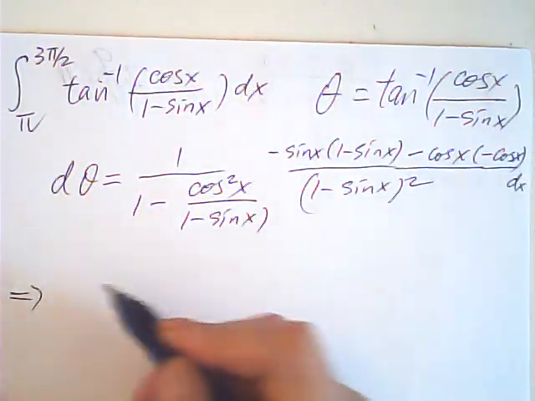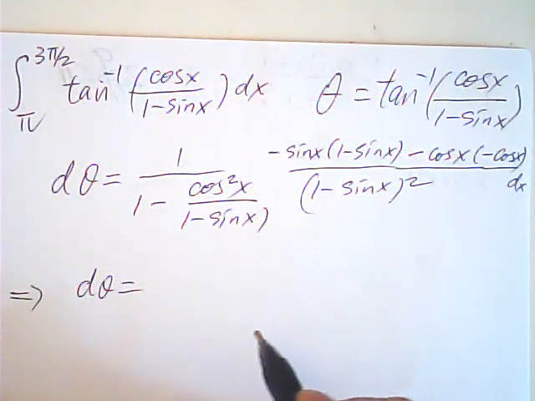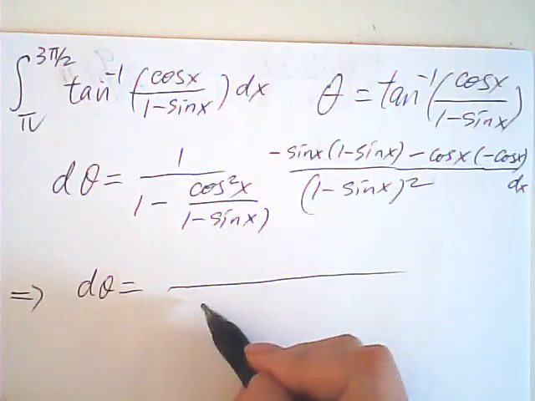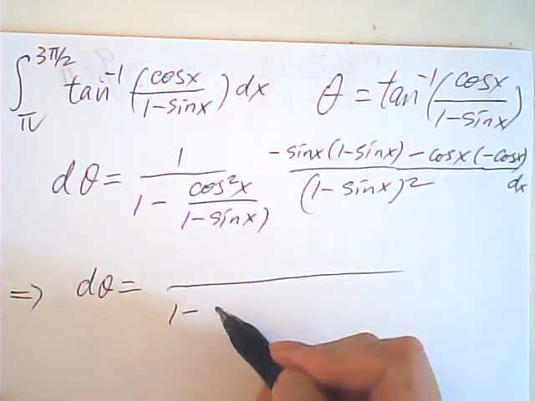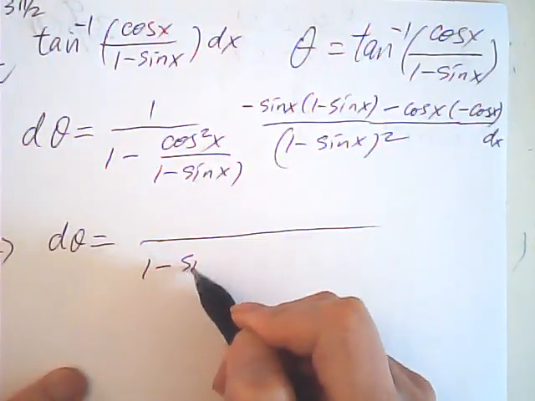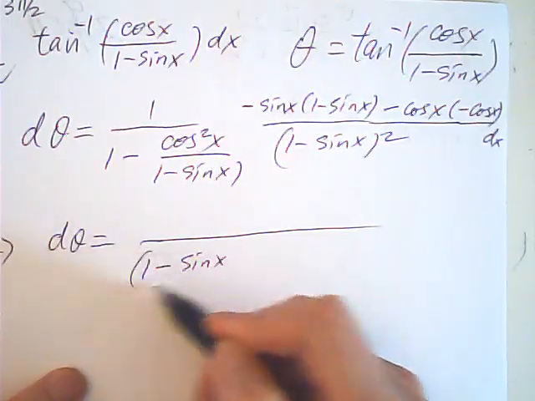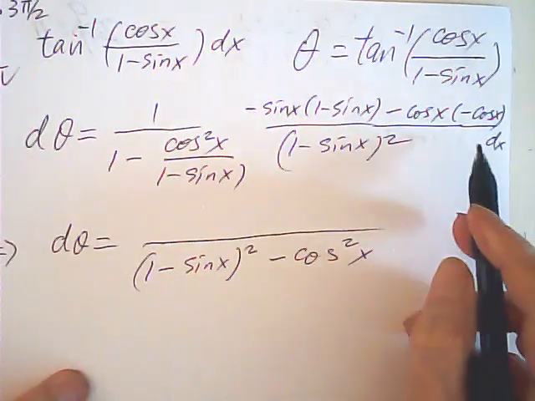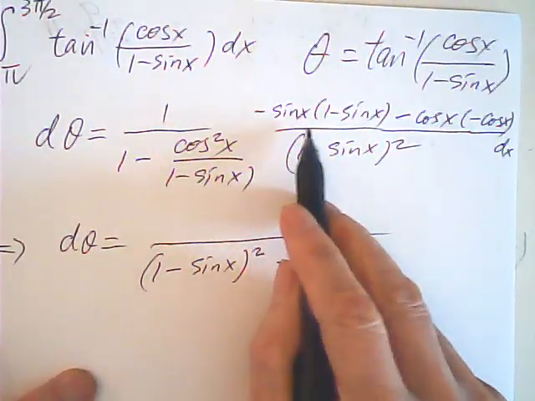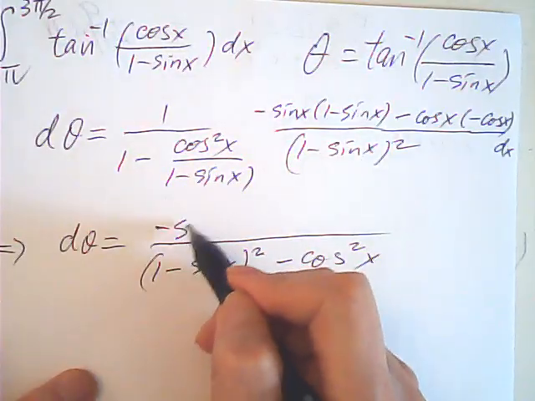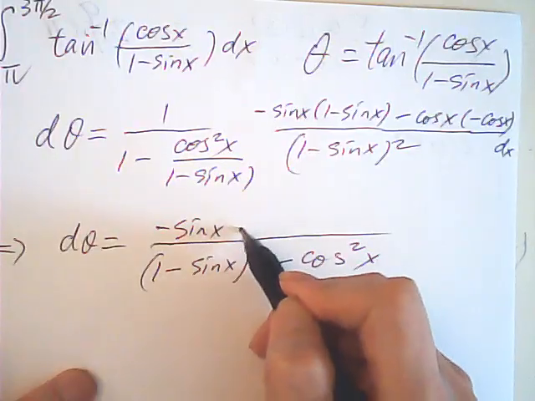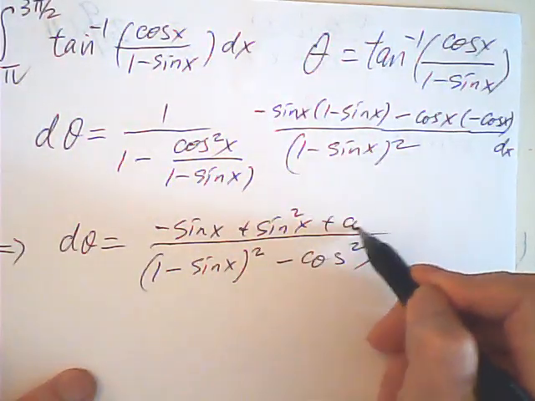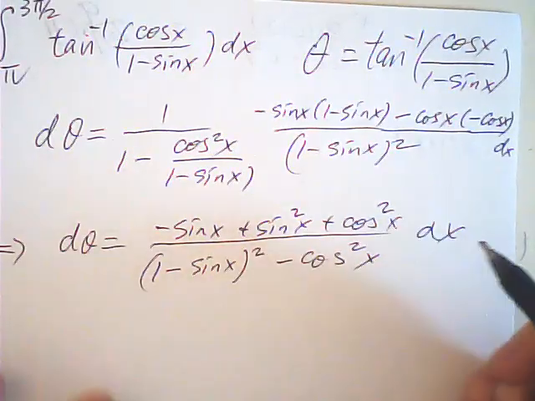So which means that d theta is equal to this one times this one, 1 minus sine x square over 1 minus sine x square plus cosine square x. On the numerator would be negative sine x plus sine square plus cosine square, and then dx.